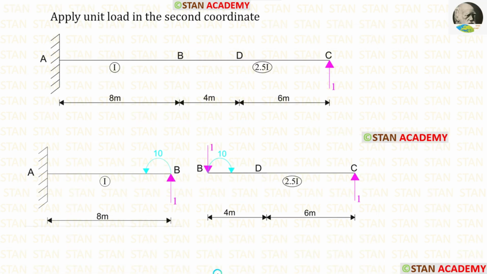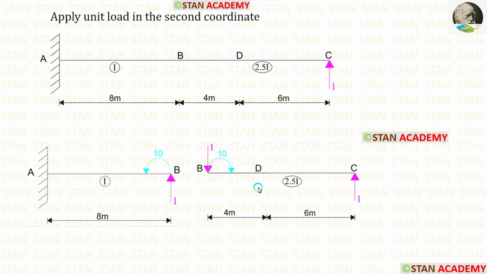Now we are going to find the moment m2. For that, we have to apply unit load in the second coordinate. After that, let us make the free body diagram. This load is acting upwards, so a reaction is created at the point B downwards.